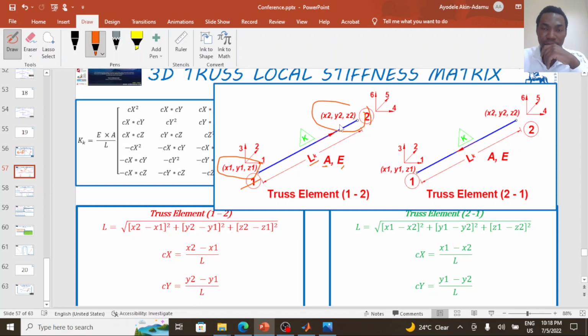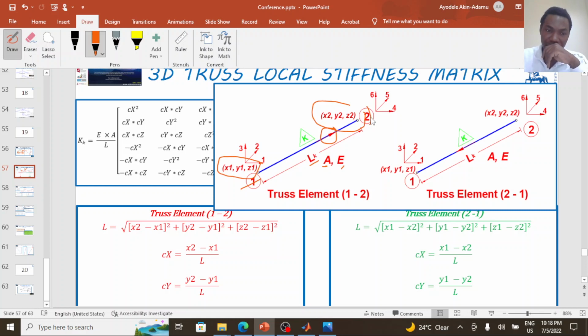For this element, let's say the direction of the arrow is as shown here, pointing from node 1 to node 2. It means node 1 is our start node and node 2 is our end node.